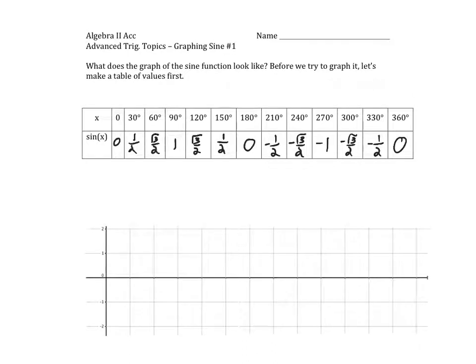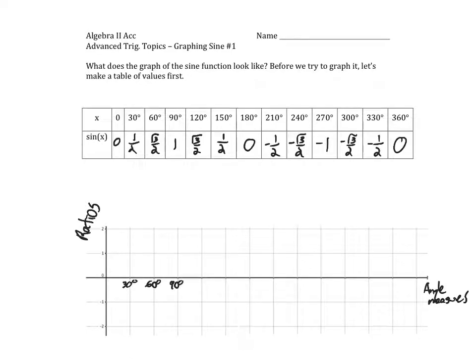I want to get a sense of what these points look like graphically. So on the x-axis, I'm going to have my angle measure, which are all going to be in degrees. And on my y-axis, I'm going to have the ratios. And we know my ratios all lie between 1 and negative 1. And let's make every box here every 30 degrees.